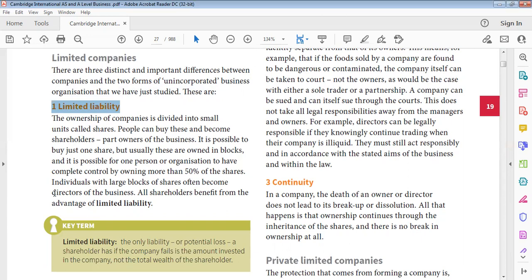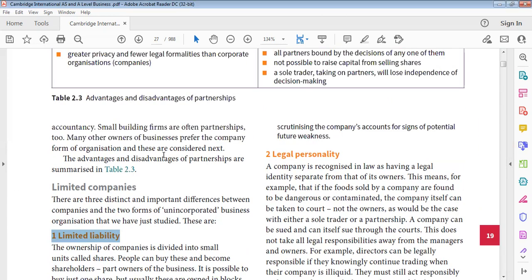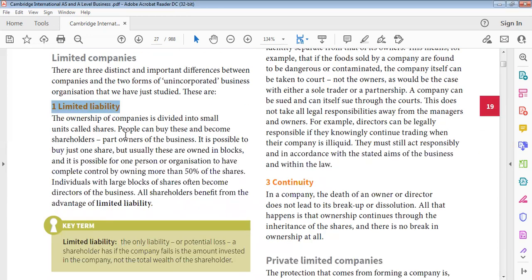I think before even limited companies, they should have explained shareholders. There is something about shares there. Are you familiar with the concept of shares and shareholders? Can I explain to you?